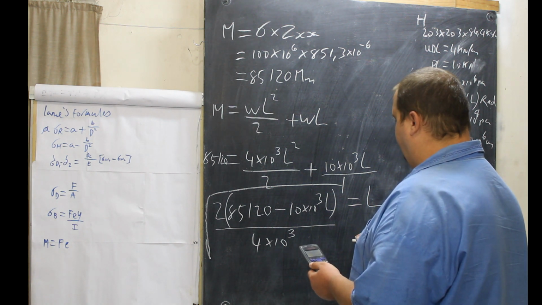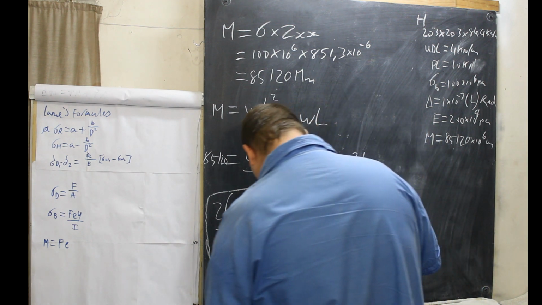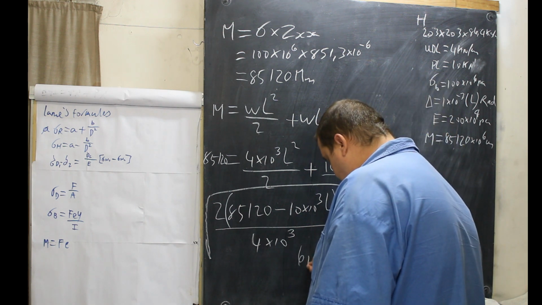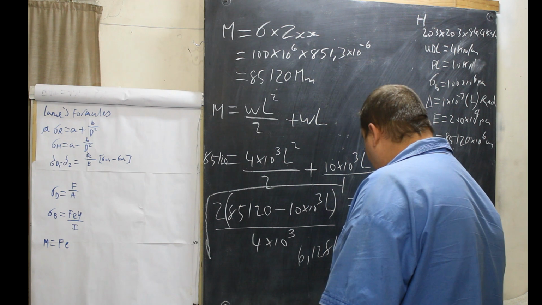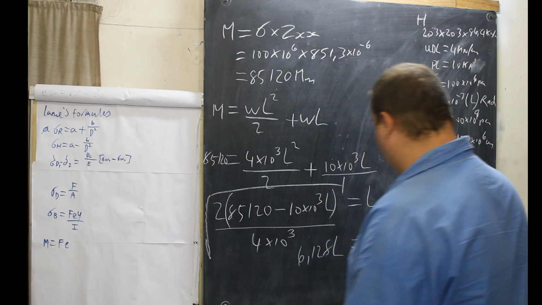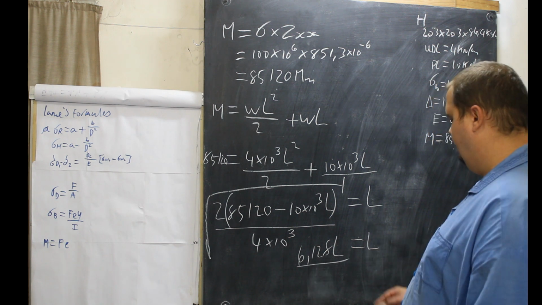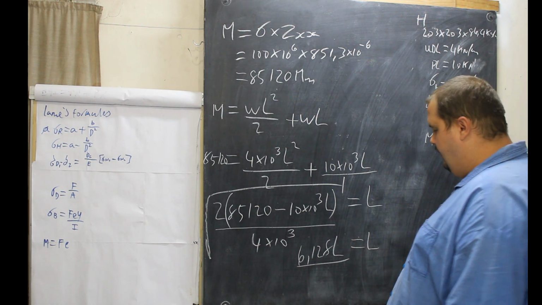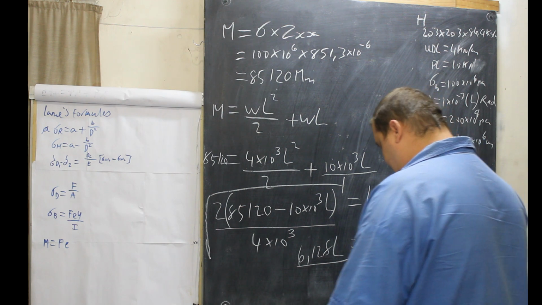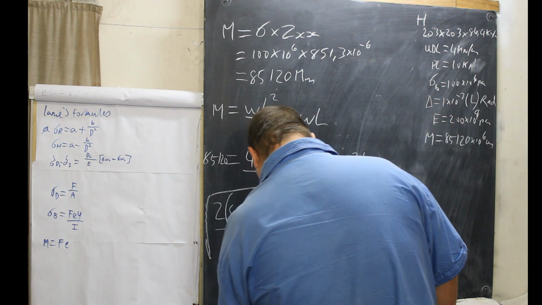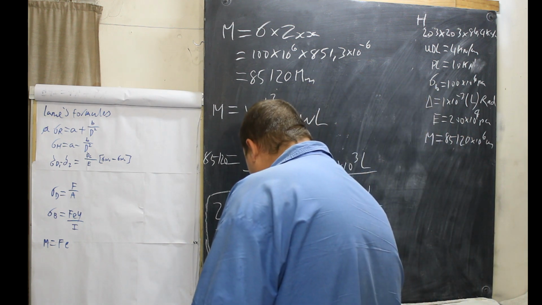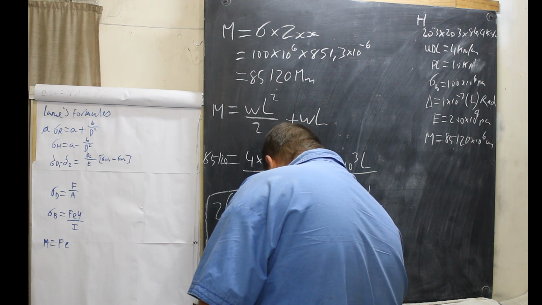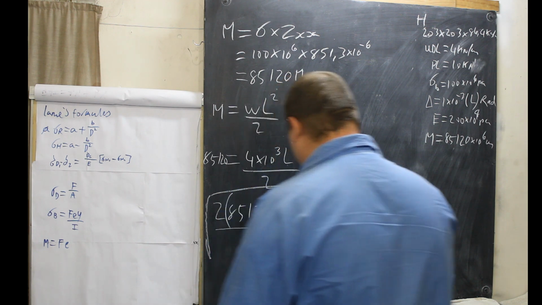Then what we will do is have L, so then we'll have 6,128 L equals L. So we want L by itself, so I will take this divided by itself, and we get L equals 4.486 meters.